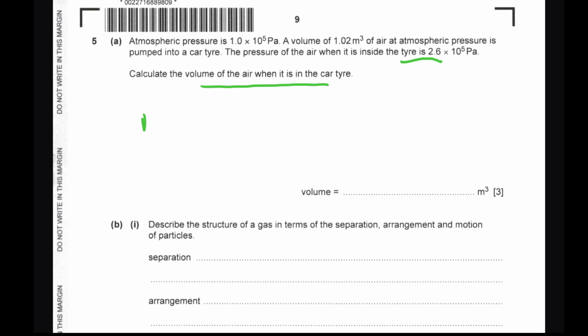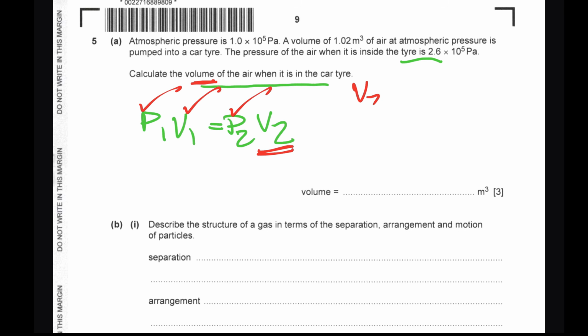So we use P1 V1 is equal to P2 V2. The values you have is atmospheric pressure, which is P1, and the volume of air at atmospheric pressure, 1.02, so we've got V1. We've got the pressure of the air inside the tire, which is P2, and we're just supposed to solve to find the value of V2. Pretty straightforward calculation. So V2 is equal to P1 V1 by P2.